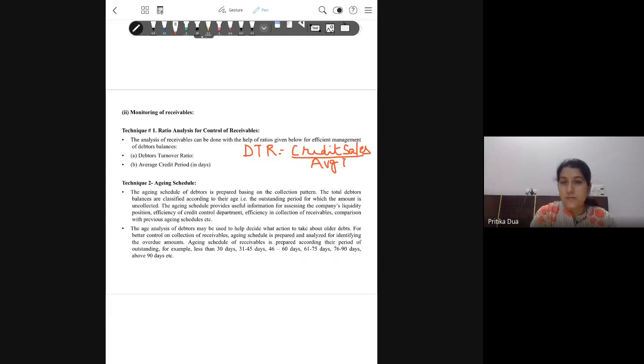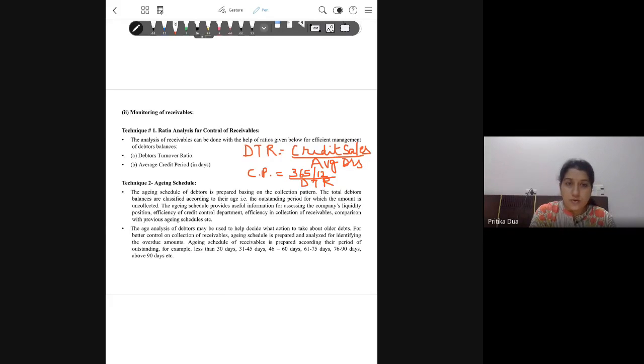Opening plus closing balance divided by 2. And then your credit period would be, say, in number of days 365, or if it was in months then 12, divided by DTR. So this gives you the credit period in days.